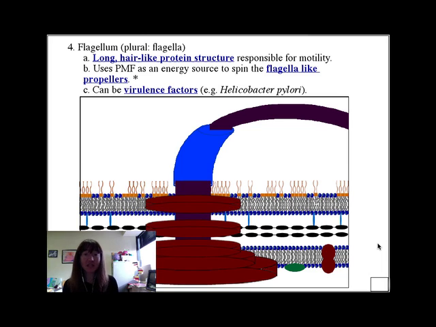A good example of something that has increased virulence because of its flagella is Helicobacter pylori. And this is the one that I showed earlier in class. It has flagella in a tuft at the top of the cell. Some of my students at one point gave it a gangsta headband, which is only partially legitimate because, in fact, Helicobacter is both good and bad in our gut.